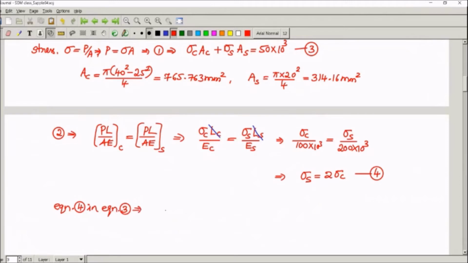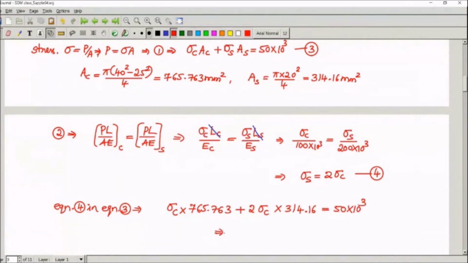If I substitute, what will I get? Sigma C into AC, which we have already calculated as 765.763, plus sigma S, which is 2 into sigma C from equation 4, into AS. AS is 314.16. That should be equal to 50 into 10 power 3. Now you see only sigma C is unknown.